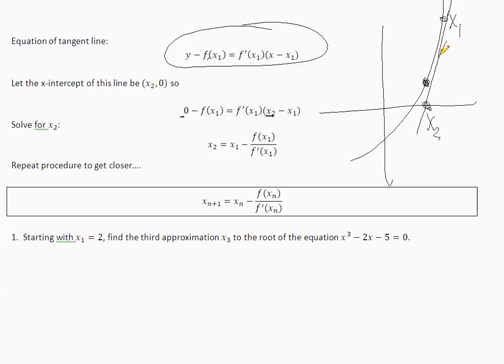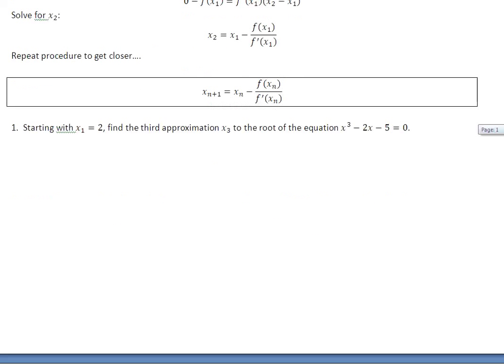Then you do it again. Here's x3. So x2, x3, these are getting closer and closer to the actual 0. So you're just going to repeat this over and over. Here's Newton's actual formula: the next x value is equal to the previous one minus f of xn over f prime of xn.